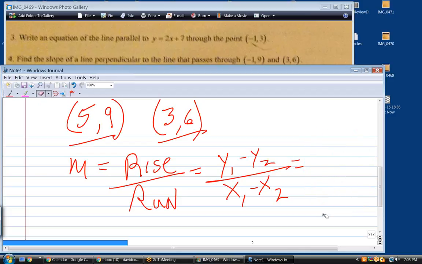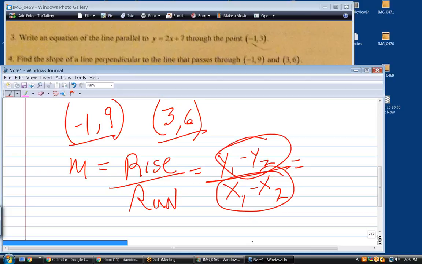What is not okay is to mix it up like you did the first time. You went 9 minus 6 on top, but then you went 3 minus a minus 1, so you really did x sub 2 minus x sub 1 on the bottom. That's what you can't do. If you're going to go 1 minus 2, you got to go 1 minus 2 on the bottom also. You understand what I'm saying? Okay.